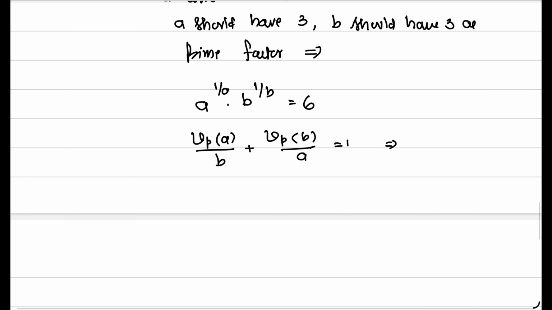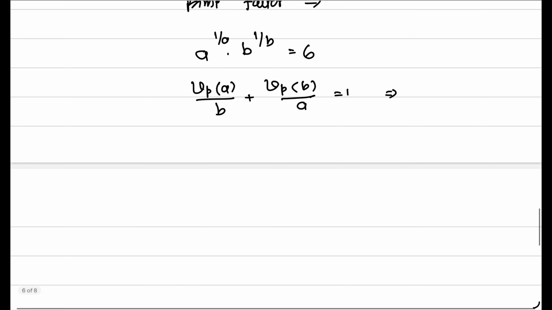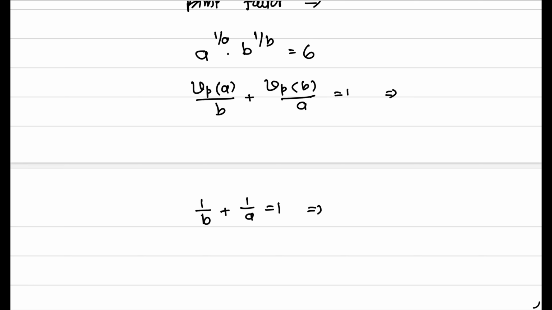This implies the power of that prime in A is 1, so 1 by B plus 1 by A is equal to 1. That is equal to A plus B is equal to AB.